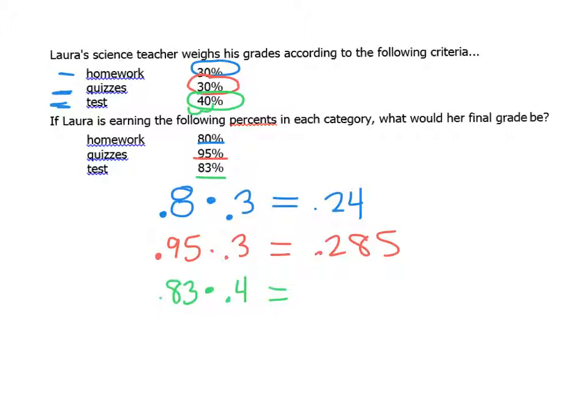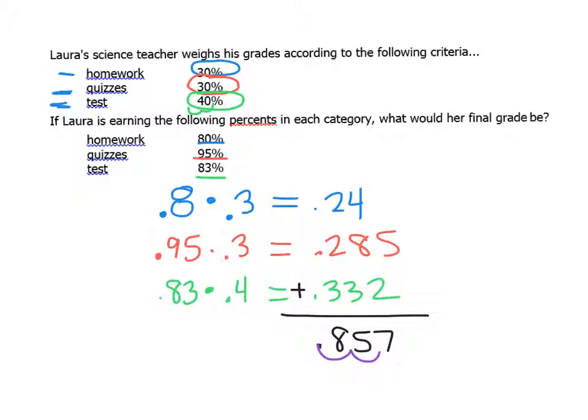And when you do that, you get 0.332. So then the final step is to just add these together. So we have 0.24 plus 0.285 plus 0.332. And when you do that, you get 0.857. So then we just have to turn that into a percentage by moving the decimal back 2 places.